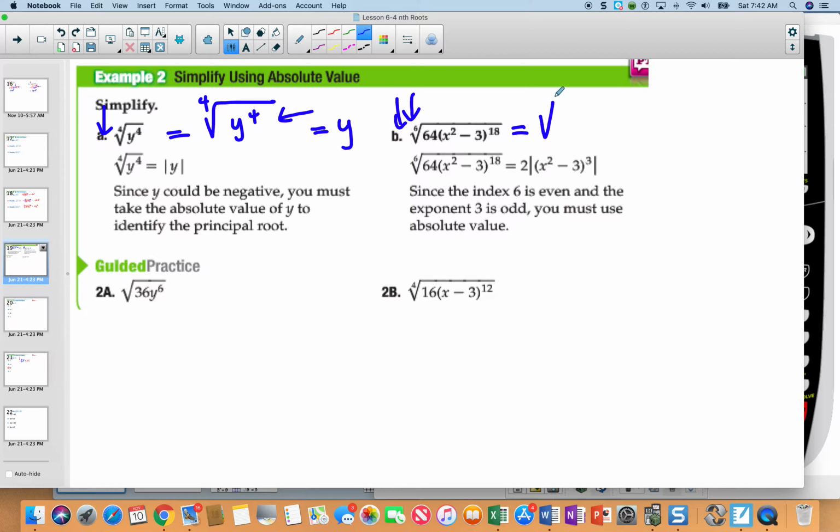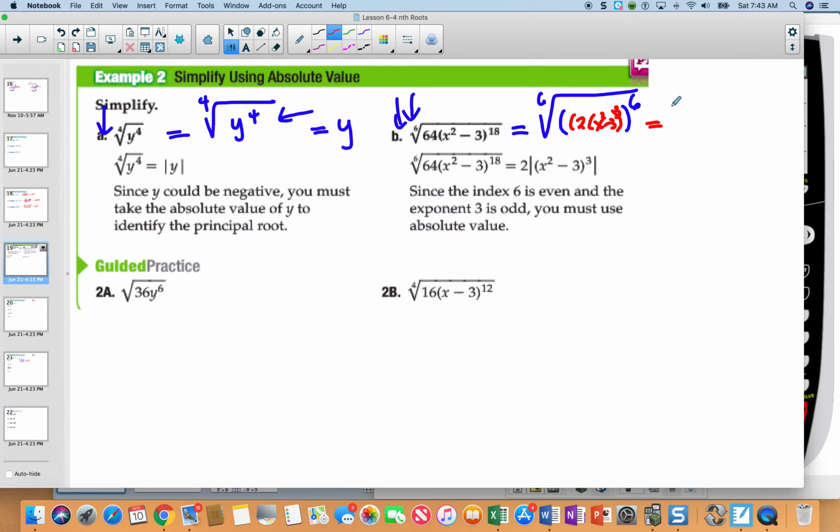All right, so this is going to be to the sixth power, and I'm going to write something to the sixth power here, which means I'm going to have a 2 inside, and I'm going to have x squared minus 3 to the third power, because I want 3 to the sixth power to make 18, and I know 2 to the sixth power will be 64.